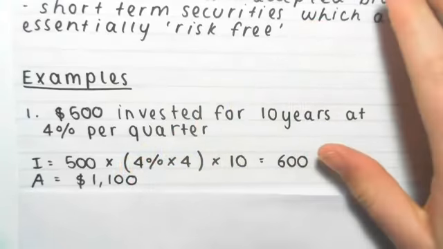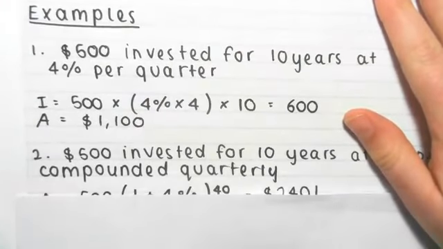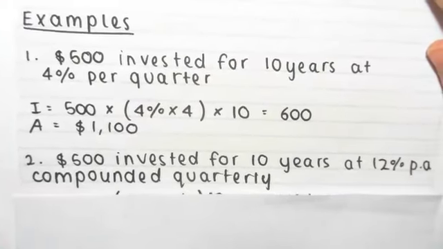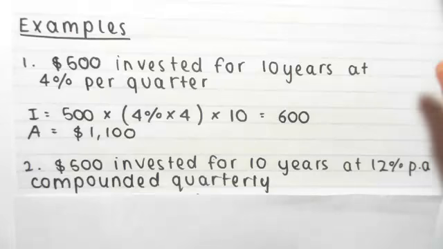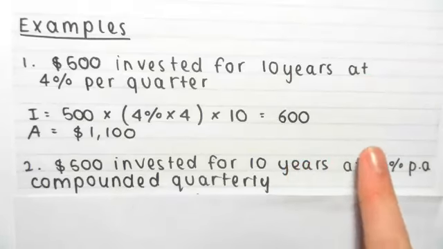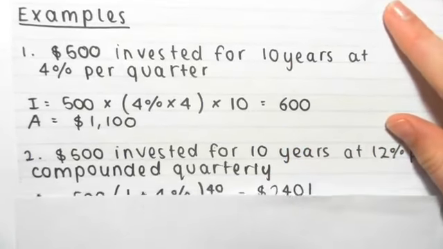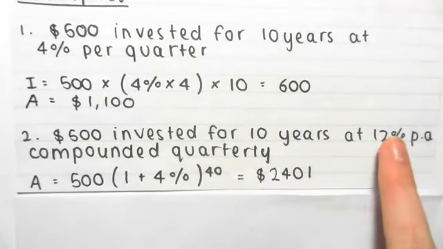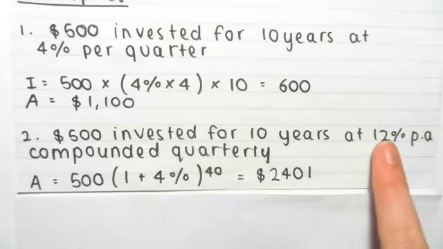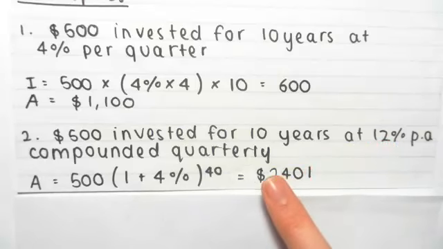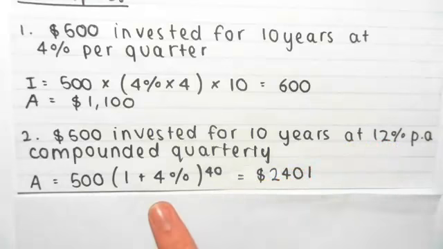Looking at it in terms of compound, so still $500 for 10 years, we've got 12% per annum compounded quarterly. So this needs to be converted into a quarterly rate. And I just realised that should be 3% there, not 4%, sorry.